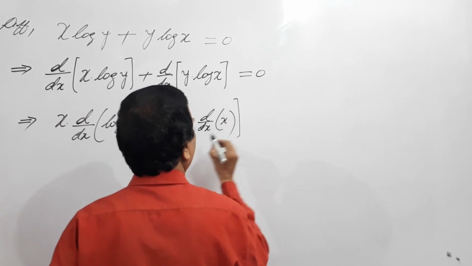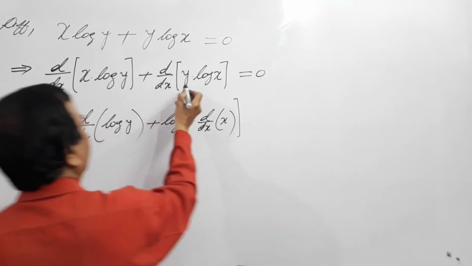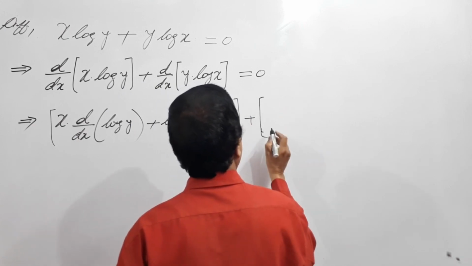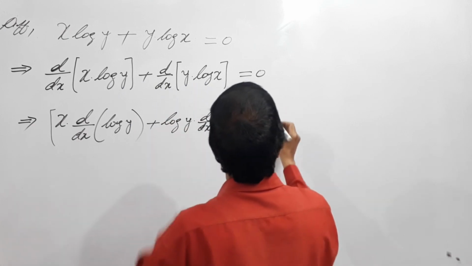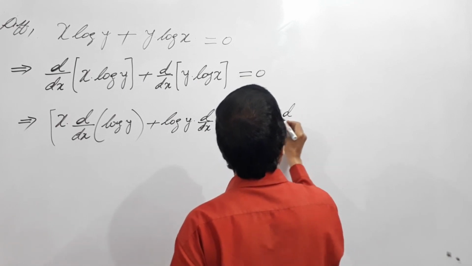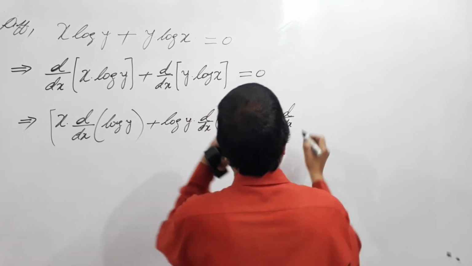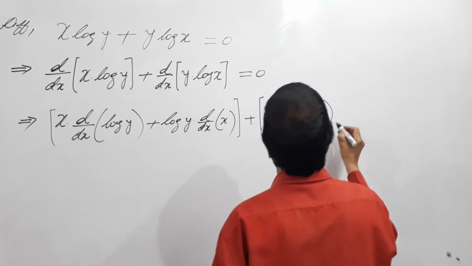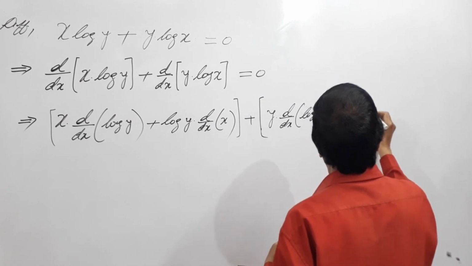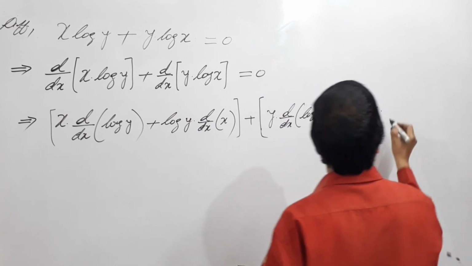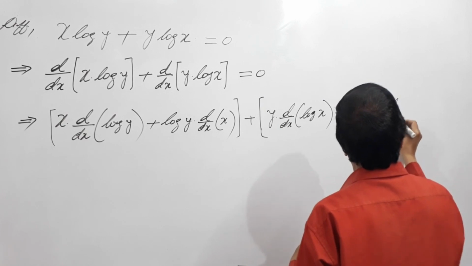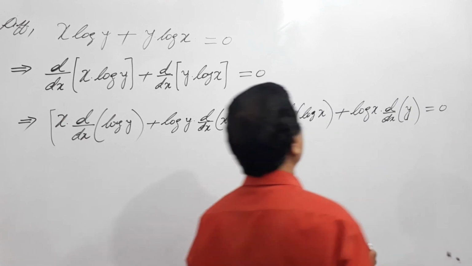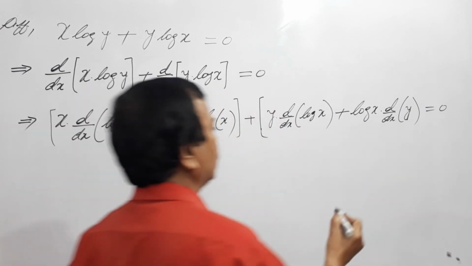So this is for the first term. Now for the second term, y into d by dx of log x plus log x into d by dx of y equals 0 and close the bracket.